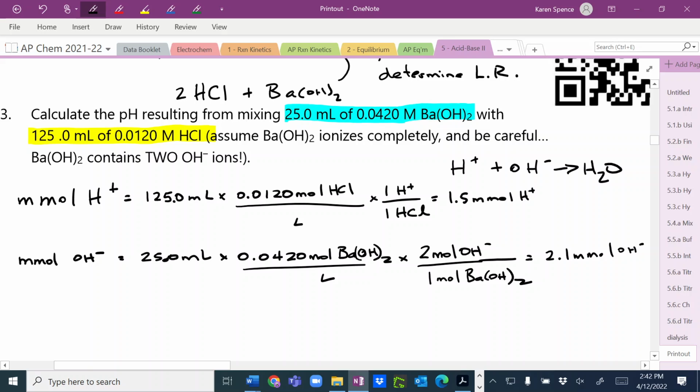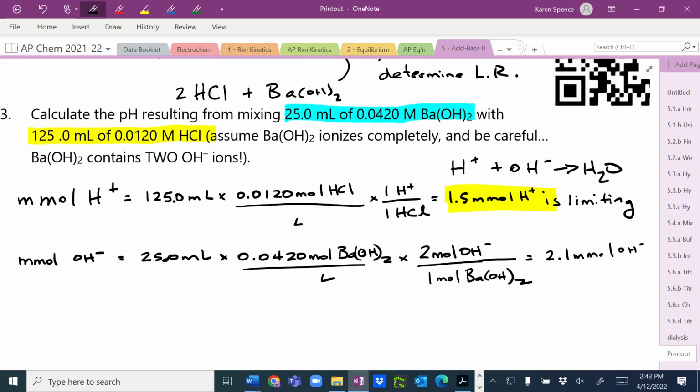And because we're now in a 1-to-1 stoichiometry, we can simply say that 1.5 millimoles of H plus is limiting, which also means that 1.5 millimoles of OH minus is used up.